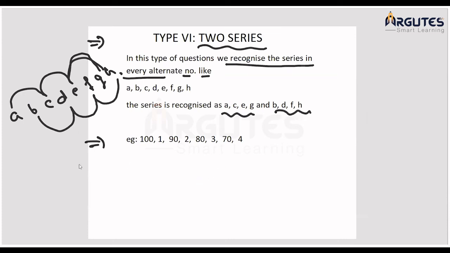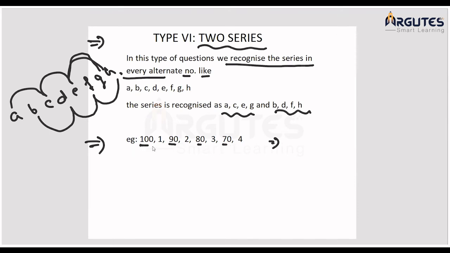Now let us look at the example. There it's written 100, then 1, then 90, then 2, then 80, then 3, then 70, then 4. It looks like an ups and down series. But actually is it ups and down? No. You will not find any relationship between these. Now how to find it? So let's look. It is 100, 90, 80, 70.